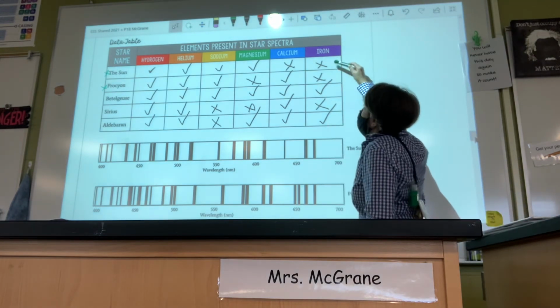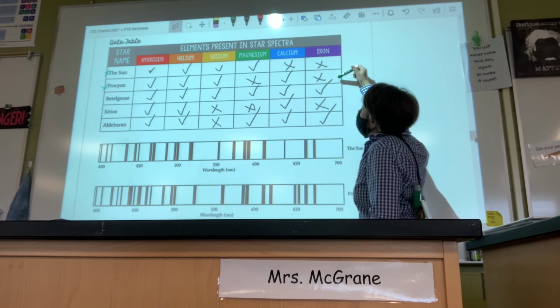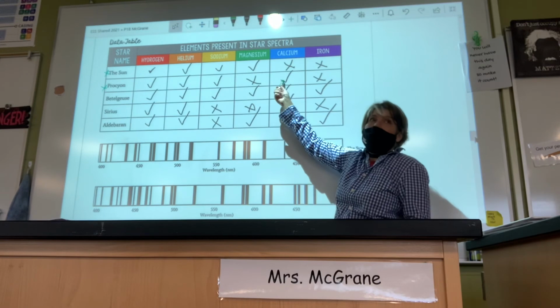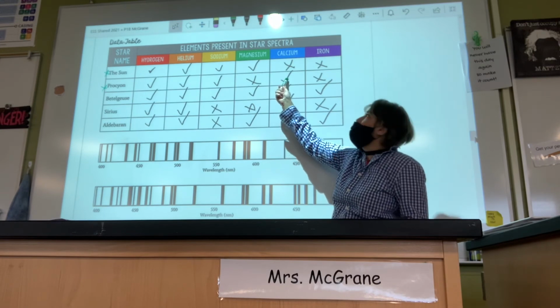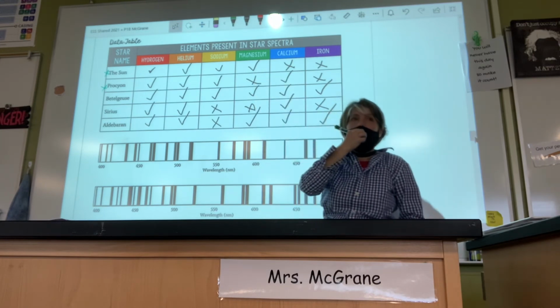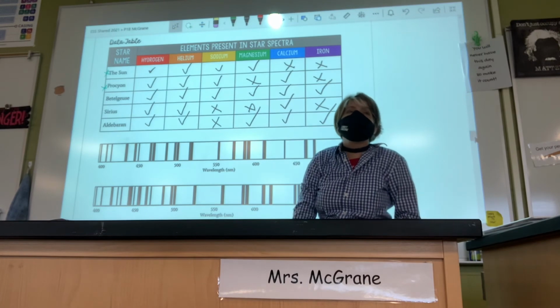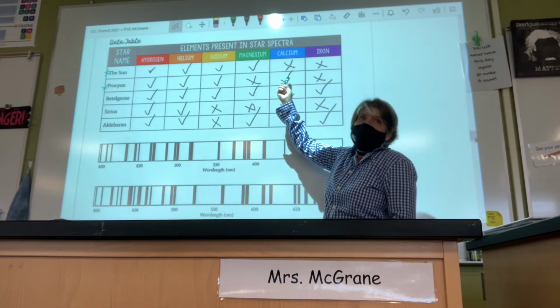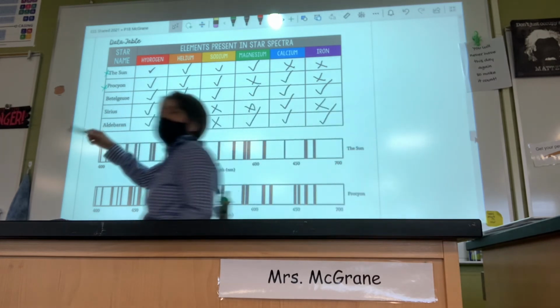Okay, neither does this one. Yeah, and it doesn't have magnesium. But it does have calcium. Which one is more massive, calcium or magnesium? Calcium. So if this one has more massive elements, then we have to throw it out.